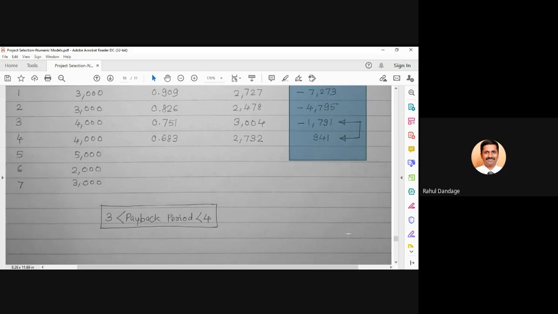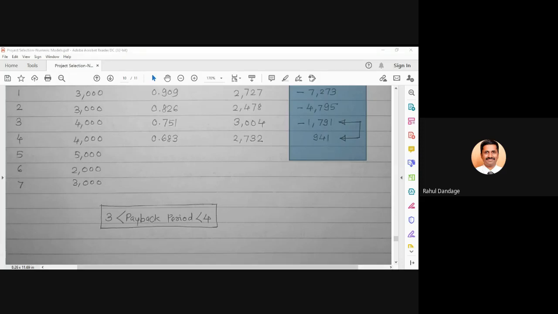And once we get that the sign has changed from negative to positive, there is no need to calculate the discount rate and present value for future cash flows for year 5, 6, 7, because we have got the payback period between year 3 and 4. That will be the end of this particular problem.